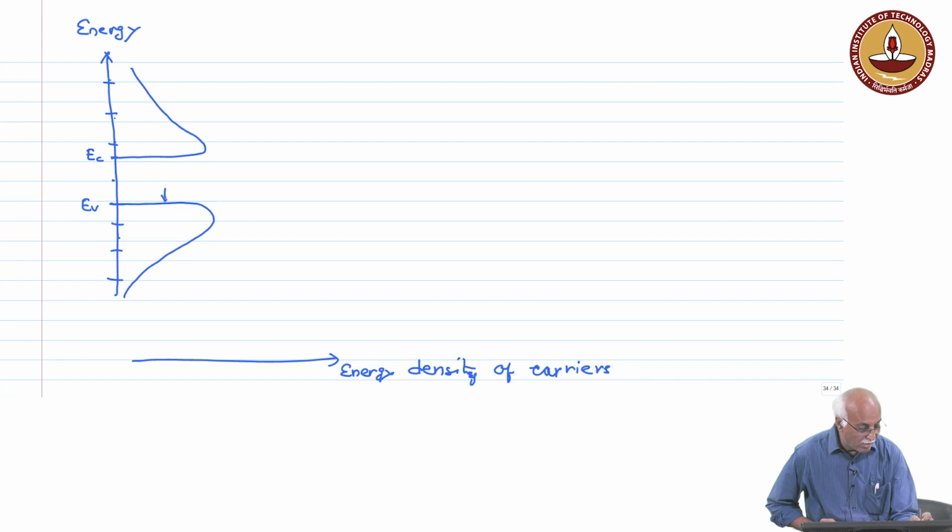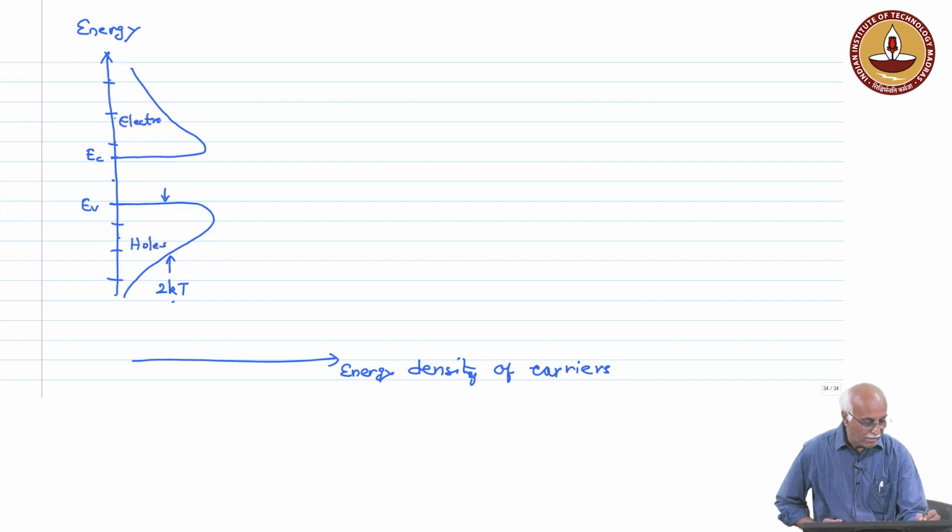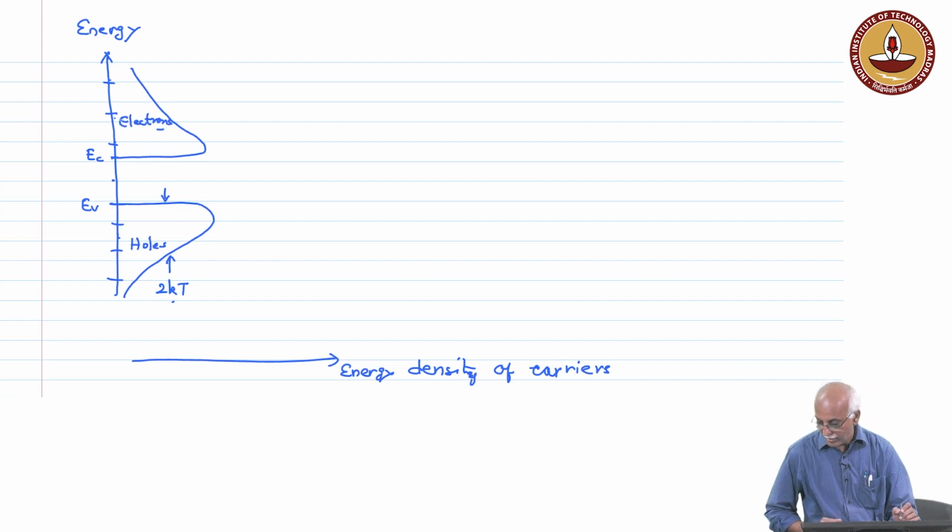This bandwidth is approximately 2 kT, where k is the Boltzmann constant and T is the absolute temperature. This is holes, this is electrons, basically conduction band electrons, and wavelength.